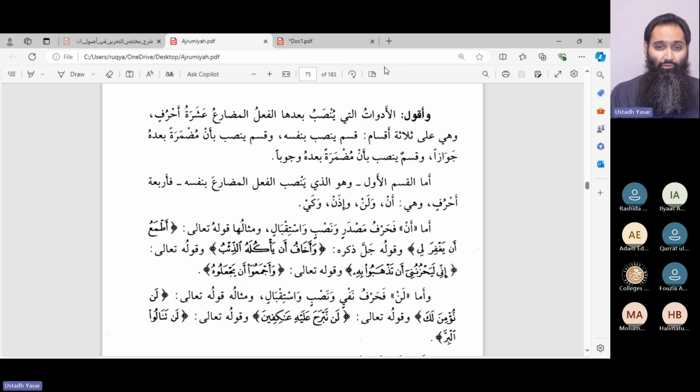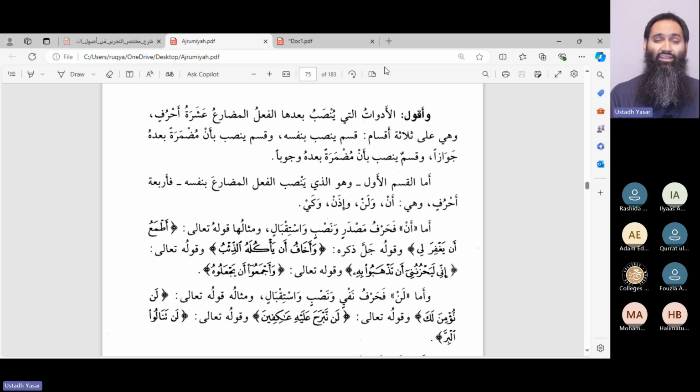So the second category makes a fi'l mudari mansoob directly? No, not directly. بأن مضمرة بعده. There is a hidden an after it, جوازا. It is مضمرة جوازا.